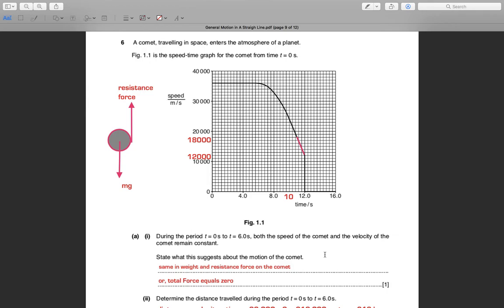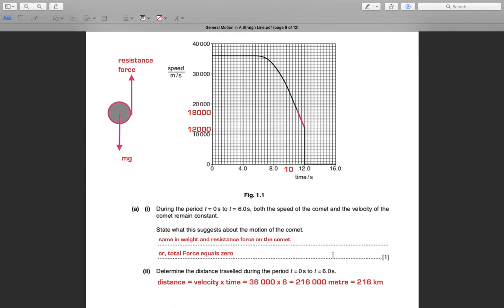Yes, because the weight and the resistance force on the comet are the same. Actually, this is about Newton's first law, or total force equals 0, so both the velocity and speed of the comet remain constant.